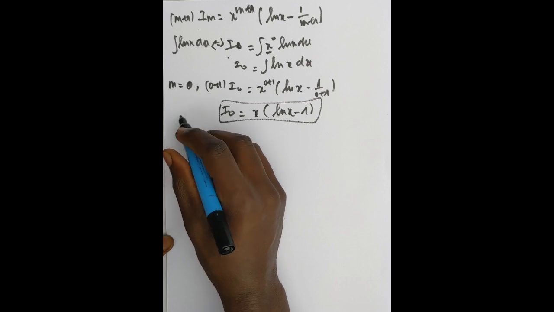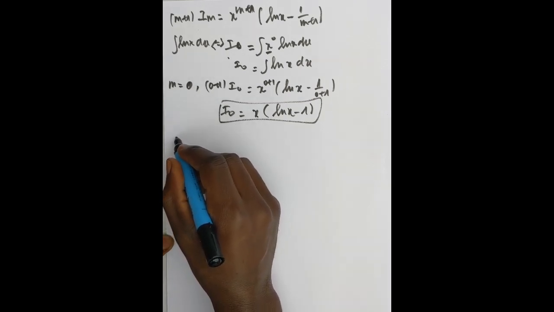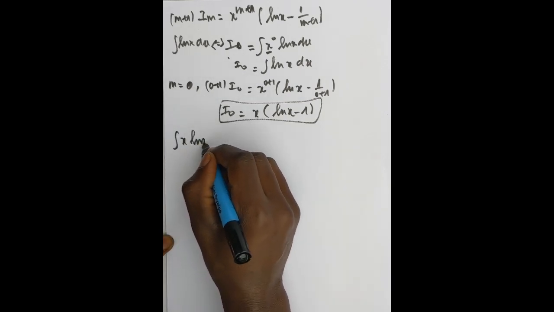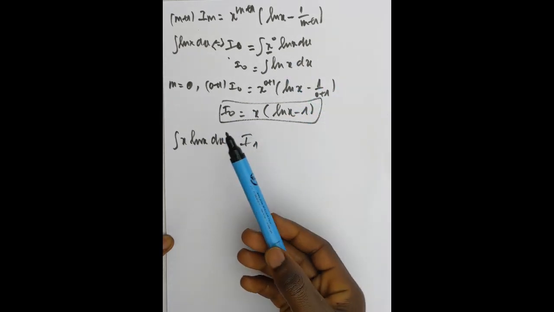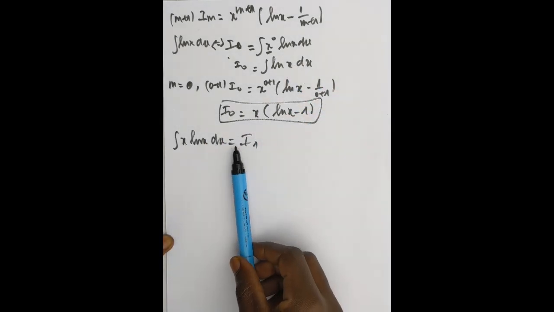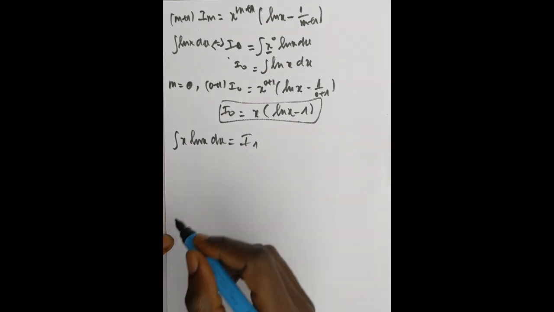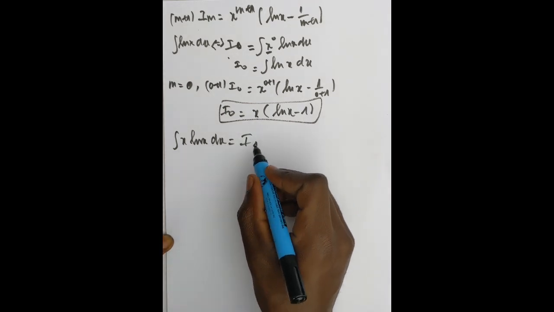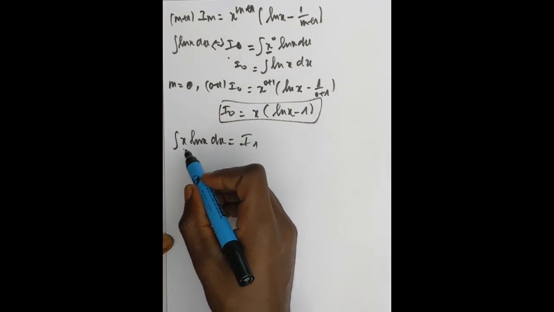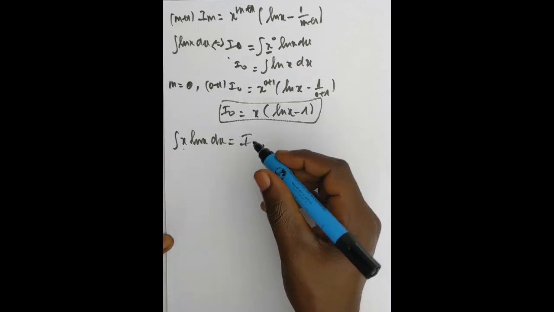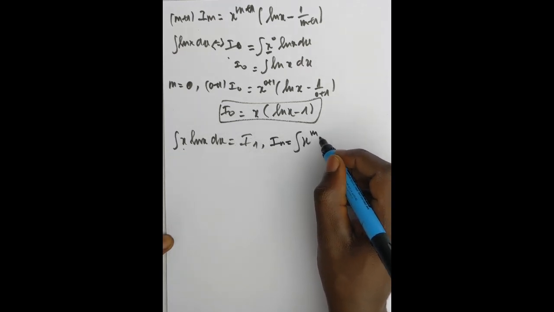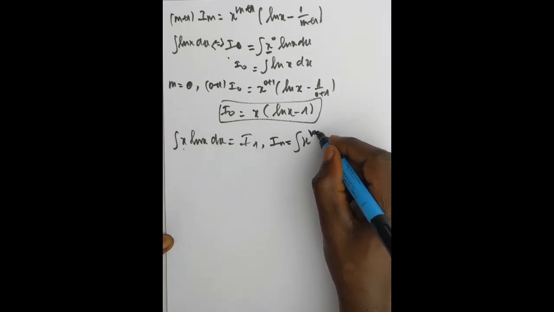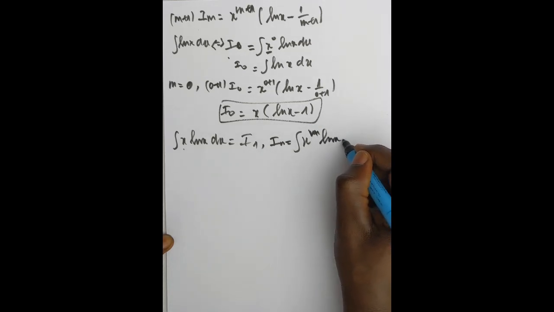And we are asked to deduce integration of x ln x dx, which is equal to E1, by replacing m equal to 1 in the expression Em equals to integration of x power m ln x dx.